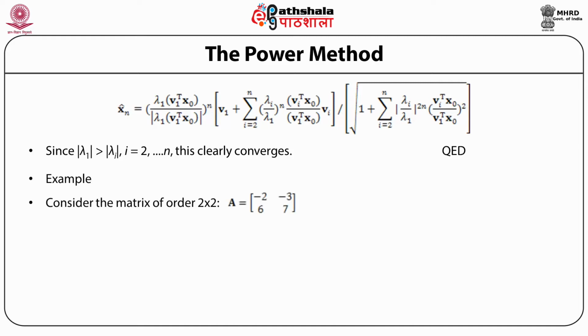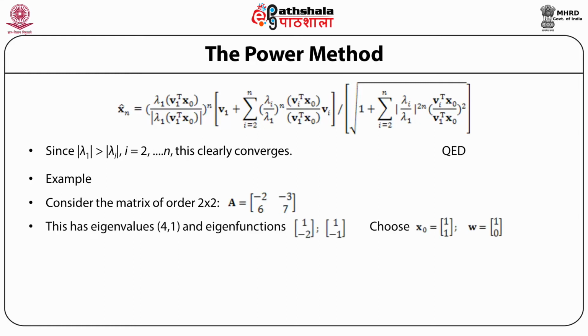Consider the matrix of order 2 cross 2 where A is equal to [-2, -3; 6, 7]. It has eigenvalues 4 and 1 and eigenvectors (1, -2) and (1, -1). So choose x_0 equal to (1, 1) and w equal to (1, 0).